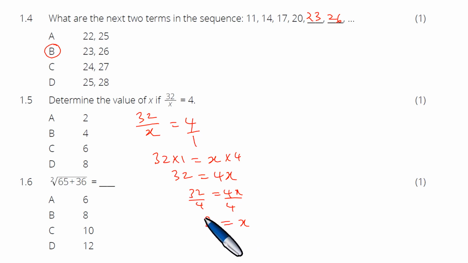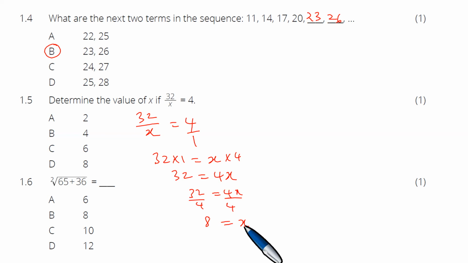128. Please come again. Is it 128? What do you think 32 divided by 4 is? Please divide again, 32 by 4.